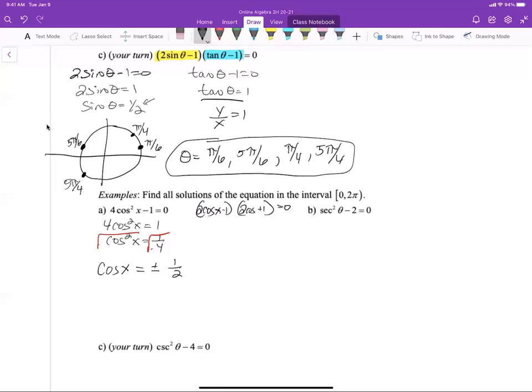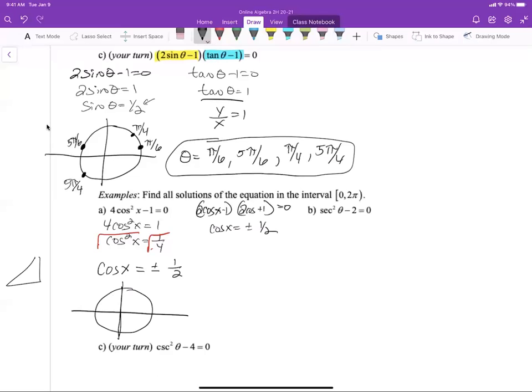You would have solved that, and you would have found that cosine of x is equal to, again, plus or minus 1/2. Okay, so again, what's on the unit circle, where I have values of cosine, those are x values on the unit circle that are positive and negative 1/2.